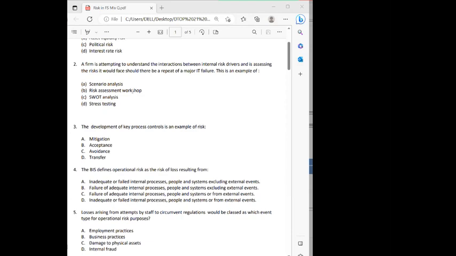In that kind of question, how do you distinguish scenario and stress testing? Yeah, it's like this. Scenario: multiple situation variables can change, right? Stress test: one variable at a time. So here they are giving a situation. It says repeat of a major IT failure. So an IT failure can have multiple variable impacts.